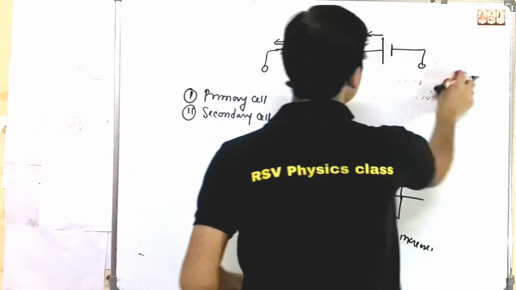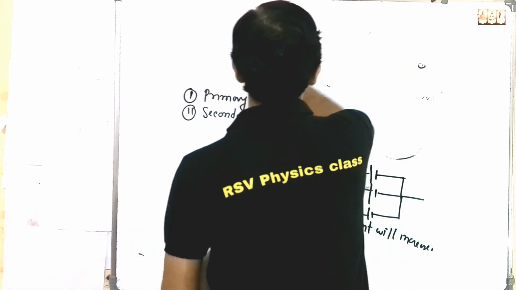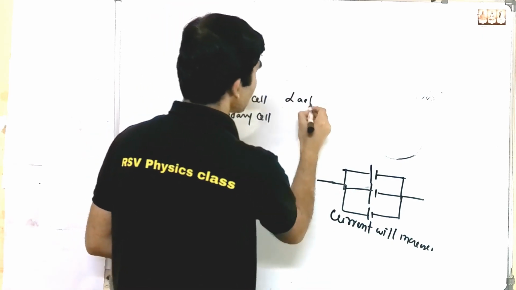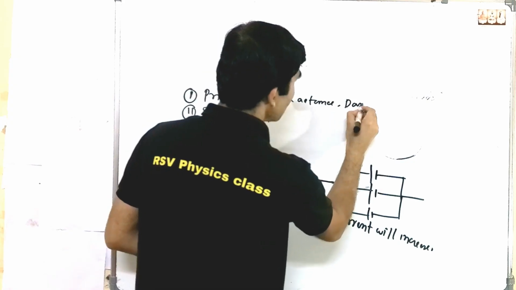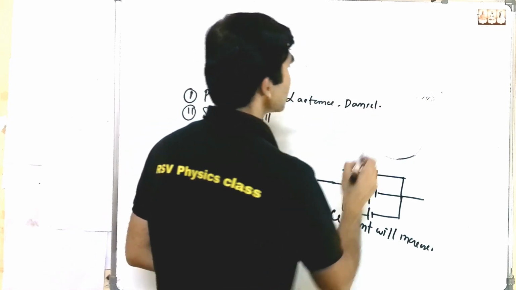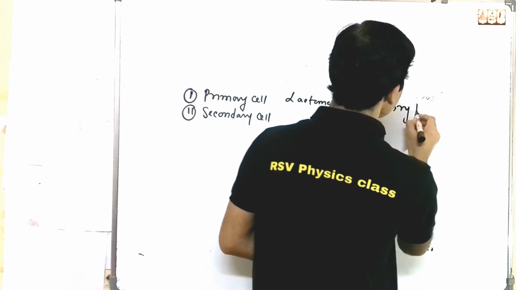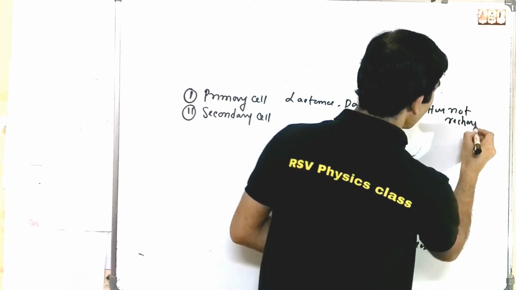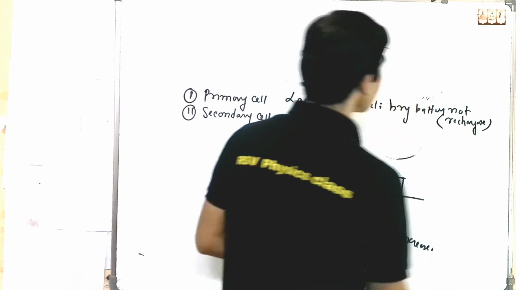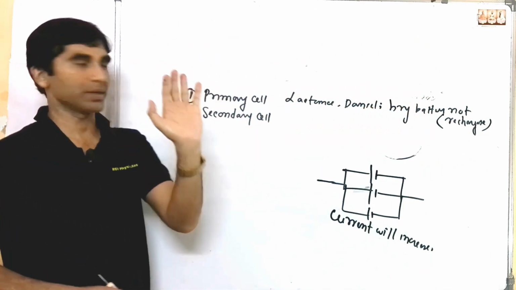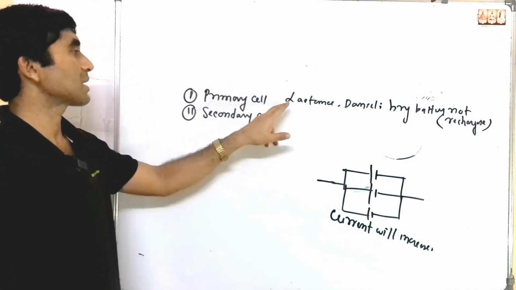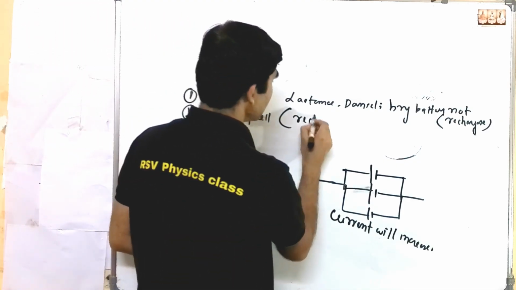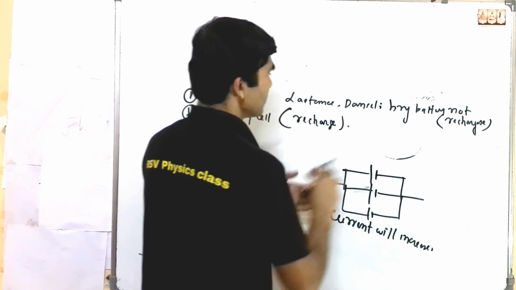Basic standardization: you have to do standardization with respect to a cell. The primary cell is the Daniel cell, which you studied in childhood, and the normal dry battery. This is not rechargeable. You cannot recharge this battery; once it is used, you have to throw it. But the secondary cell is calibrated with respect to the primary cell, and the secondary cell is rechargeable. So this is useful for our daily life.